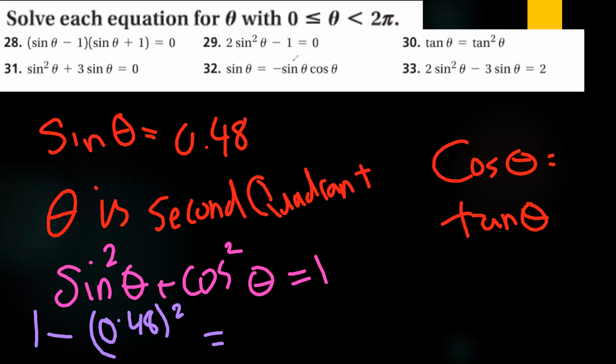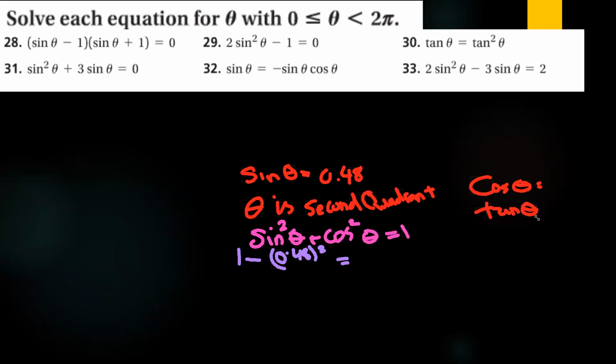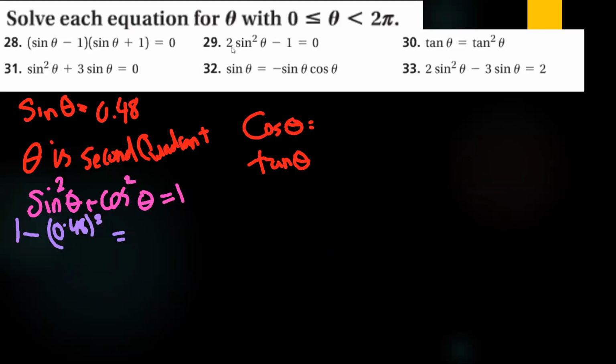Just a minute, please. Teacher, I got cosine as 0.76. So 1 minus 0.48 squared is cosine squared of theta.